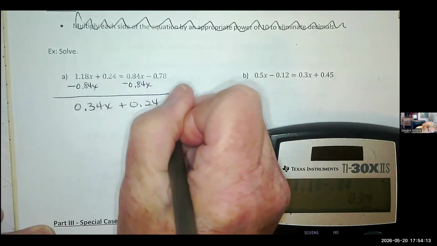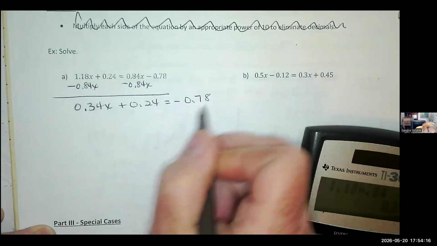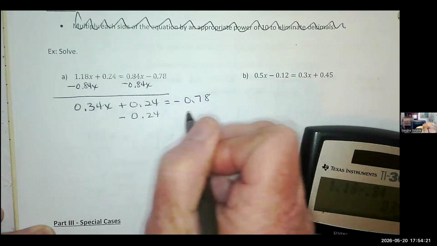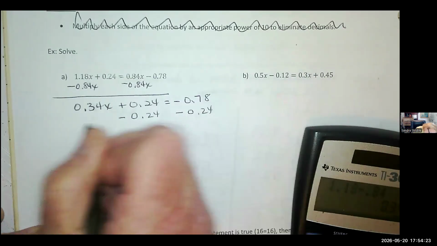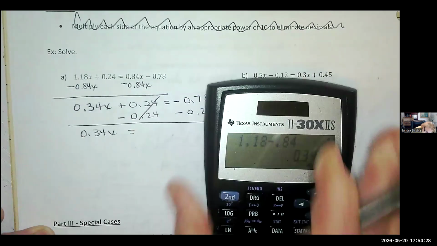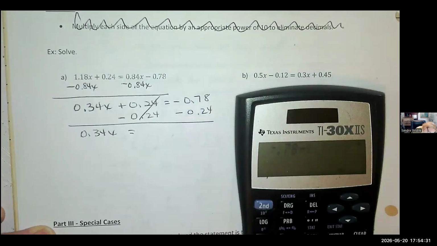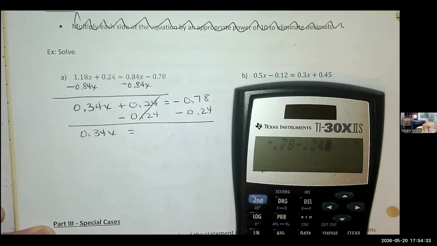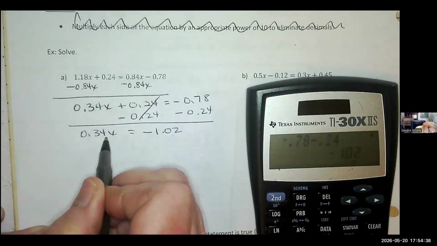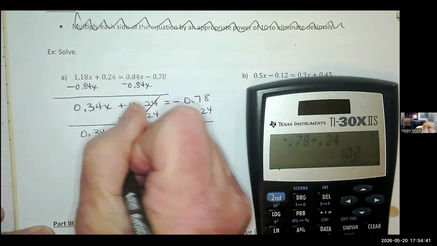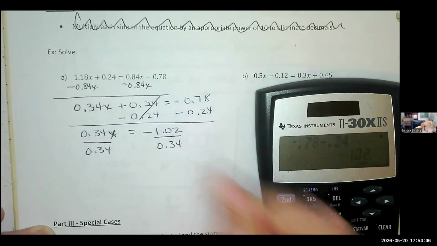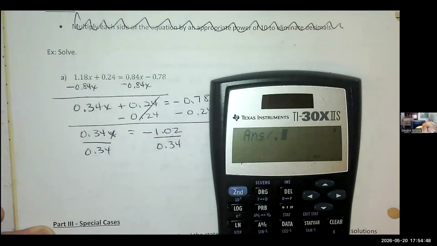Now we need to get rid of the 0.24. It's added, so we're going to subtract 0.24 from both sides. Gone. 0.78 minus 0.24 is negative 1.02. All right. 0.34 is multiplied to x. Opposite of multiplication, divide. And x equals negative 3.